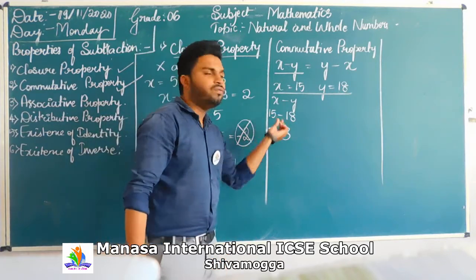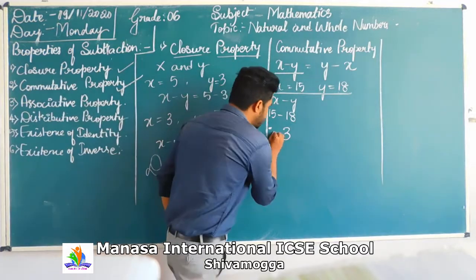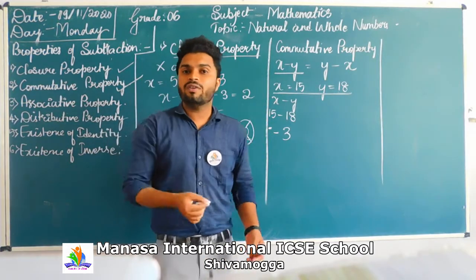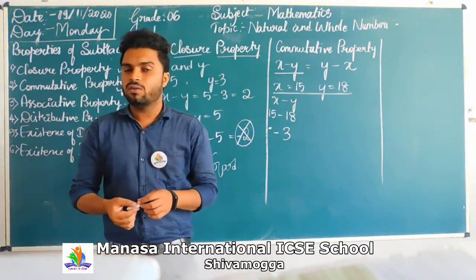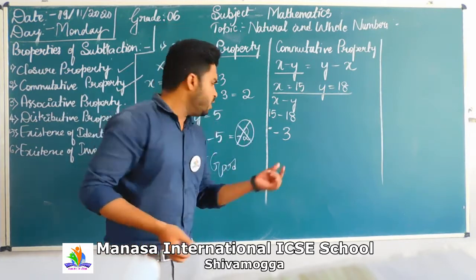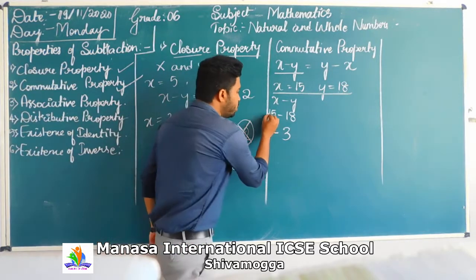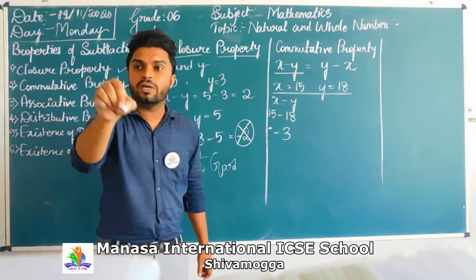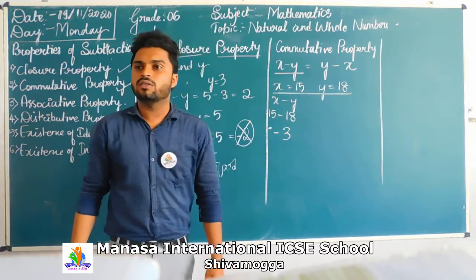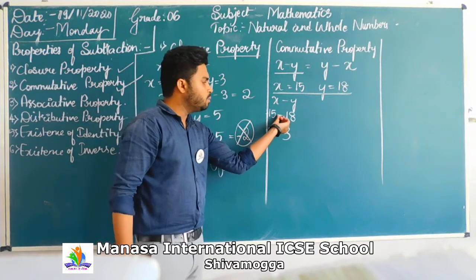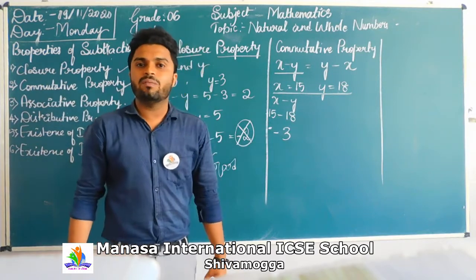What is the sign of 18? Minus. You may have a doubt: sir, why have we not written plus here? Because the bigger number decides the sign. 18 is bigger, so you write minus here.